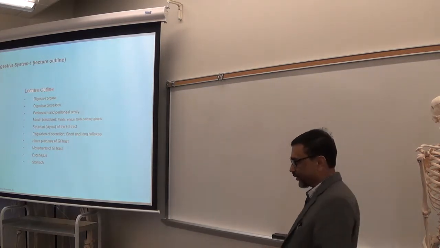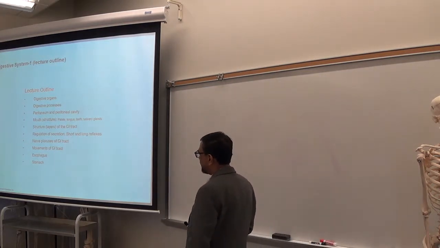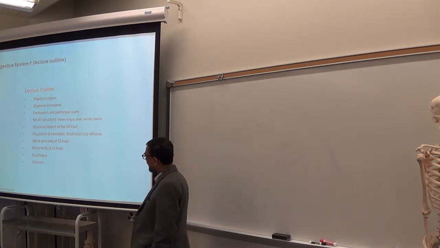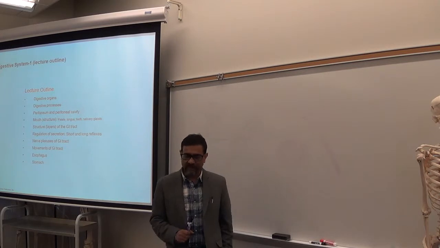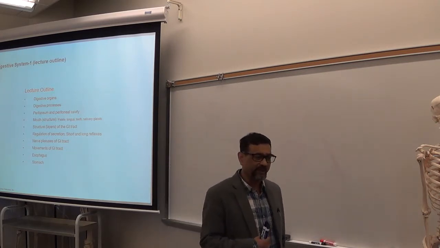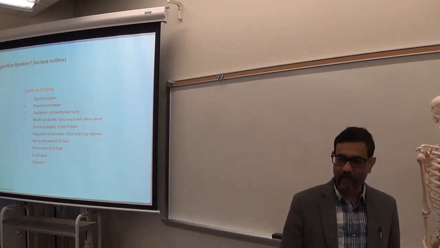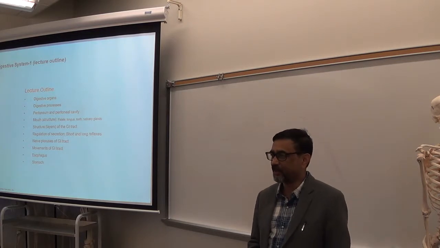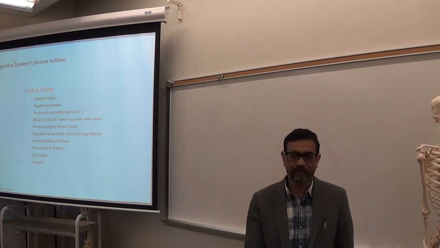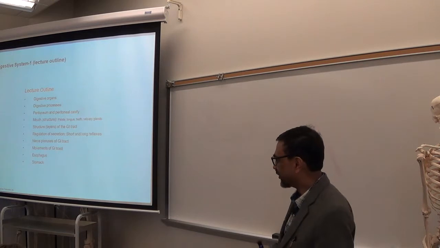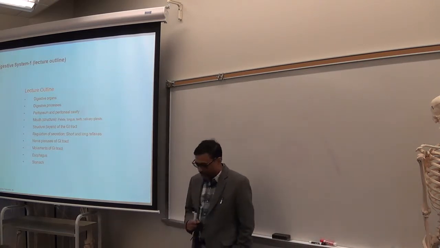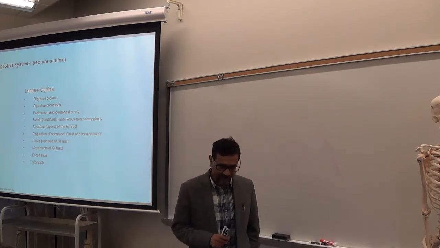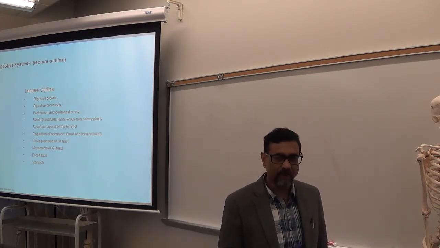How many layers you have in the wall of GI tract, and what are those layers? Then we'll talk about the secretion. You know that inside the stomach, intestine, right, secretion occurs. Mouth or oral cavity secretion occurs. So how is the secretion in your GI tract regulated or controlled?